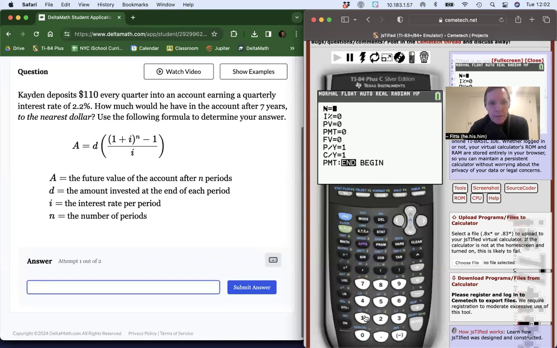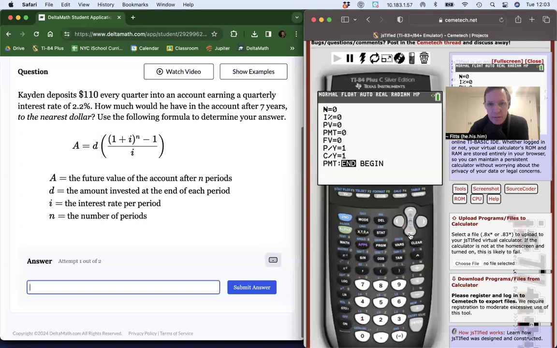Okay, Caden deposits $110 every quarter. If he's taking $110 out of his pocket and making a deposit, that's the payment amount. Think of it as him paying $110 to his bank account, so it's negative. Use this little negative symbol down here. Every quarter into an account earning quarterly interest at 2.2%.